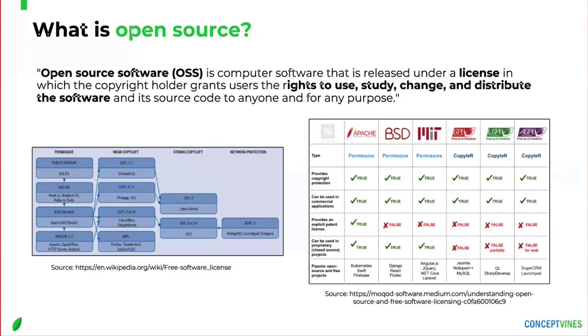And over the years, a lot of mechanics have been used to make this source code open, and a lot of it revolves around copyright law, which has been used within a legal framework to open up the source code and give you the necessary freedoms to do what I just mentioned: the ability to study, to change, and to distribute.